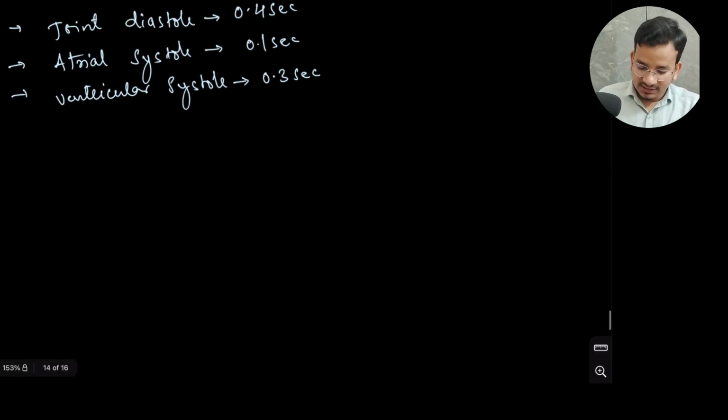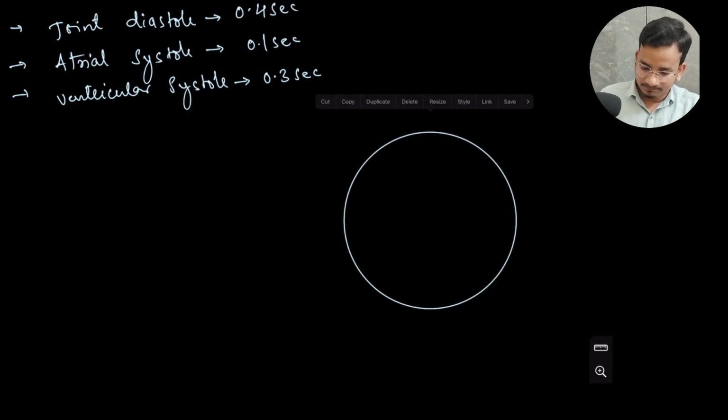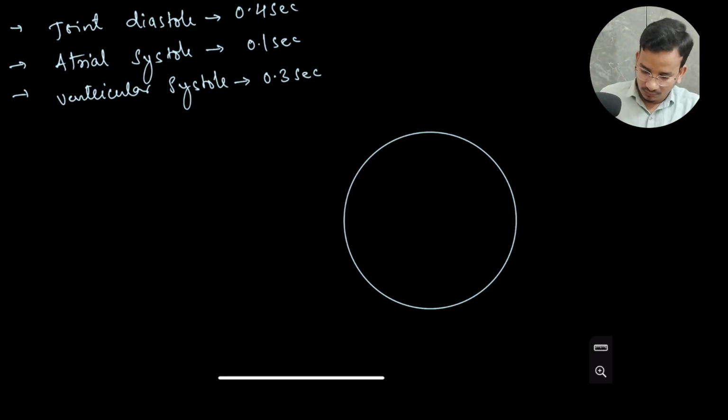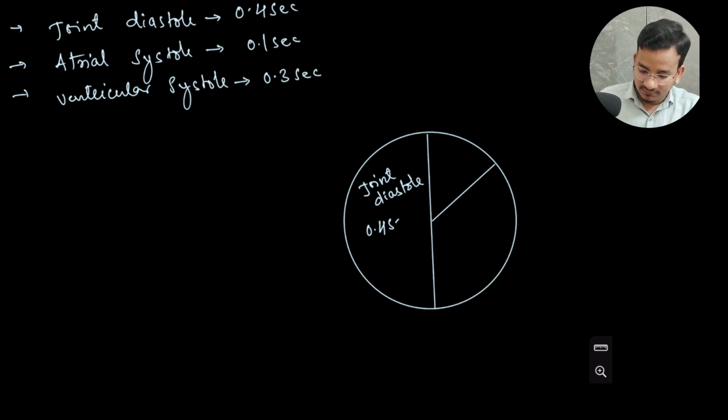Now you can see here in the schematic representation, this is the joint diastole, also known as complete cardiac diastole, ranging about 0.4 second.